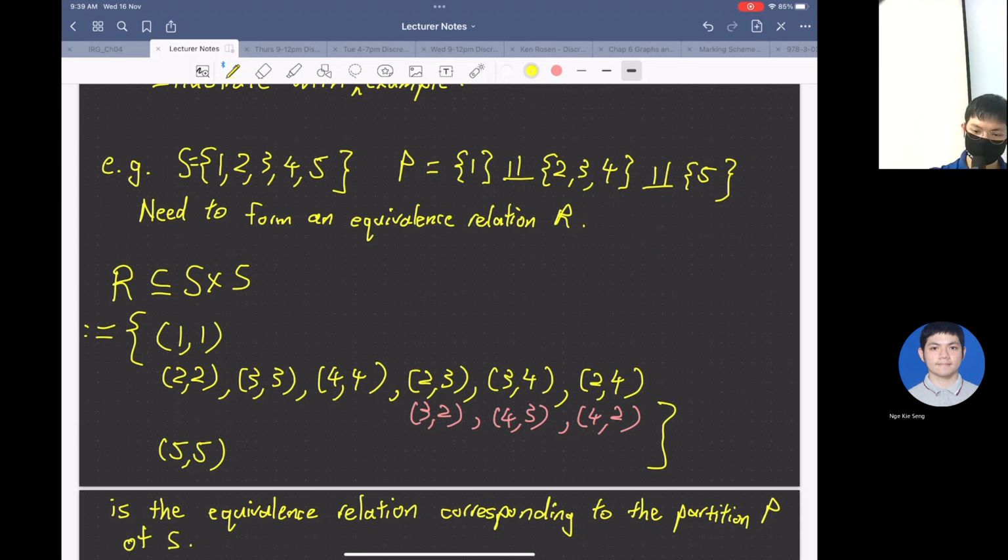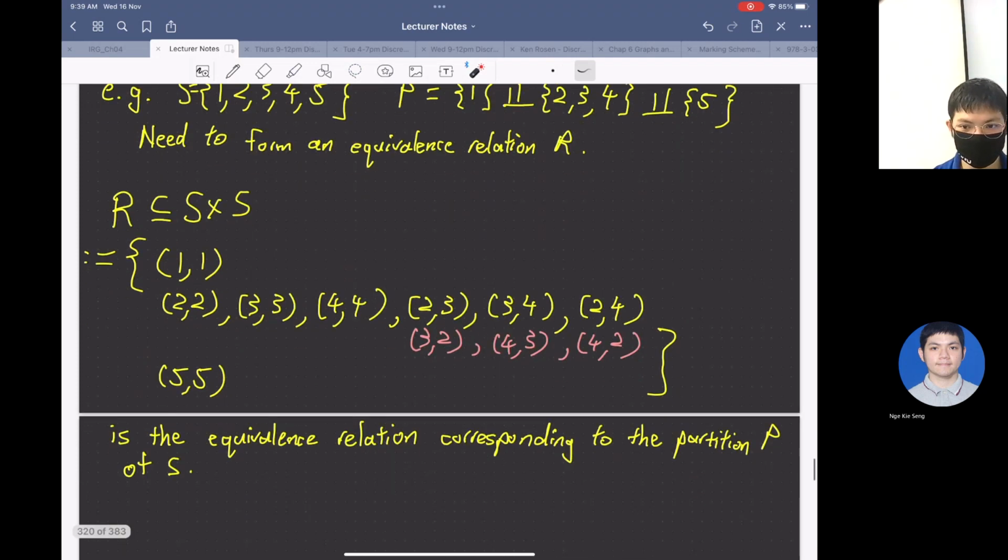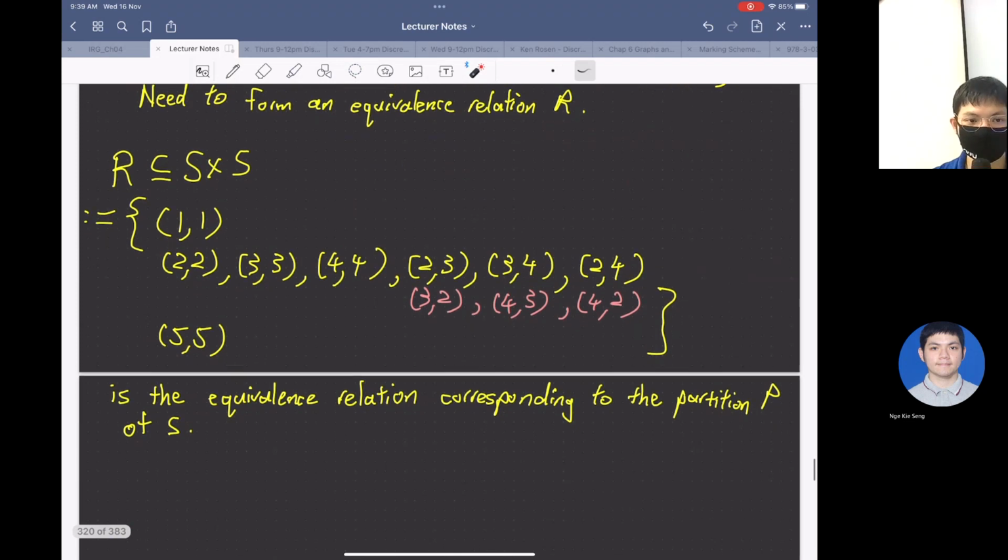So given a partition, I give you an equivalence relation. I don't need to know what the relation between the two is, I just need to give you a subset. Any question or not? Any question? We're going too fast. Any question?